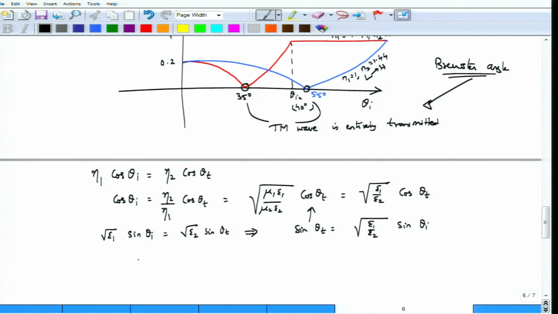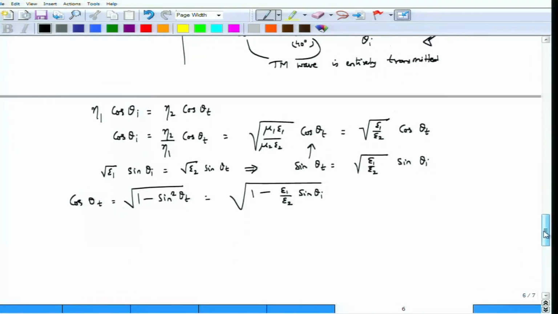So, cos theta t is equal to under root of 1 minus sine square theta t. So, this is cos theta t. You can write this as square root of 1 minus, now sin theta t is this fellow, so epsilon 1 by epsilon 2 sin theta I, and in this equation you can actually square cos theta t.